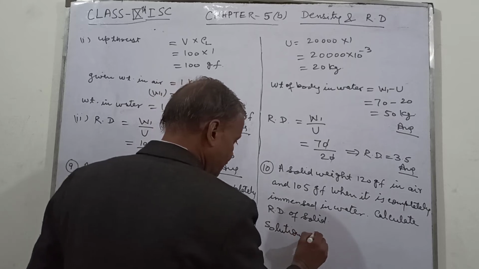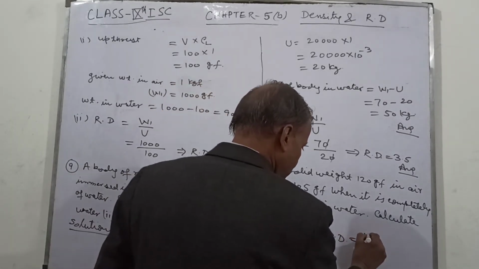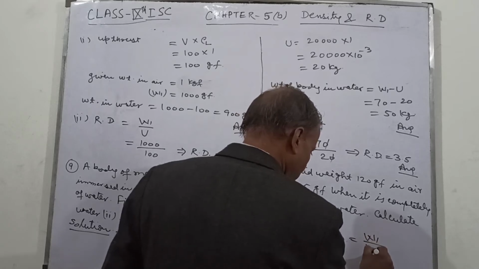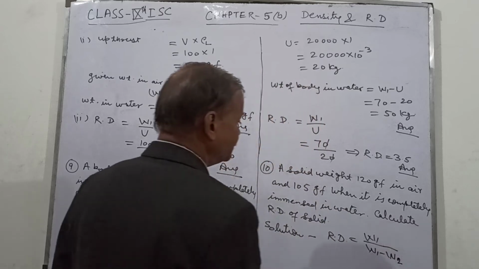Now solution. RD equal to W1 upon W1 minus W2.